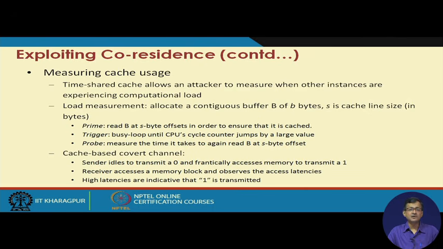Another type of covert channel attack is measuring the cache usage, trying to see what the normal pattern is and whether there is any attack, and trying to map what sort of processes are there based on the cache usage pattern.